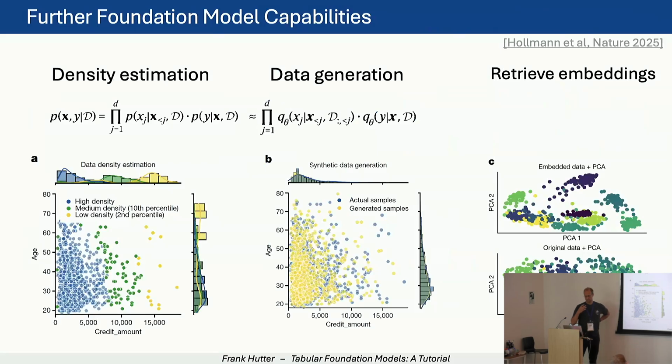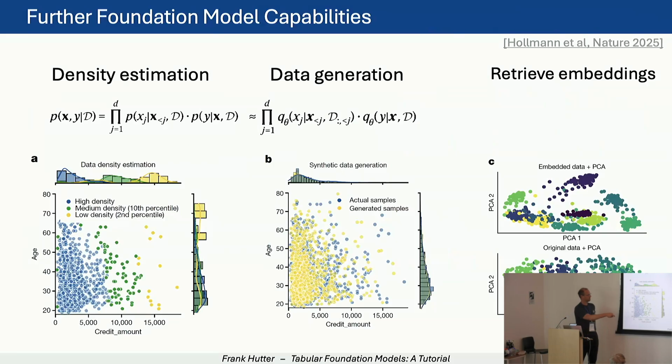Yeah, you can use it for density estimation of different data points just by writing density estimation as basically the predictive probabilities of the individual x's given the previous x's. You can do data generation that way, and you can also look at it as embeddings.